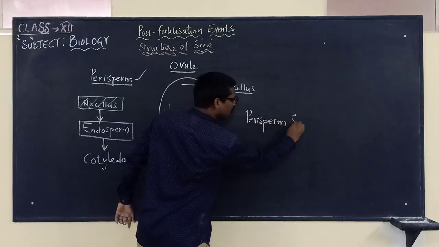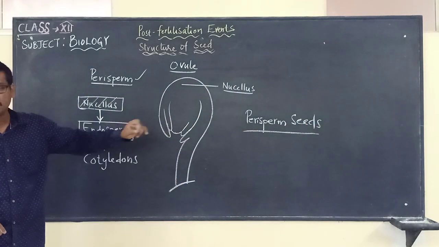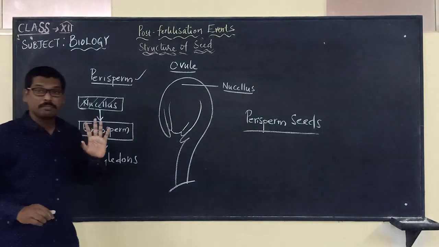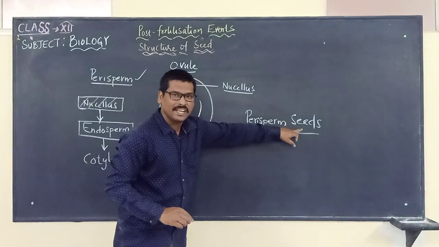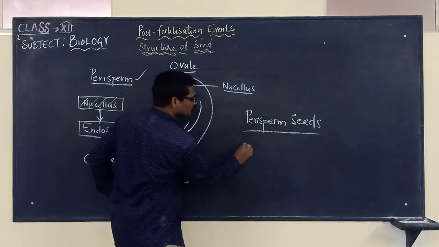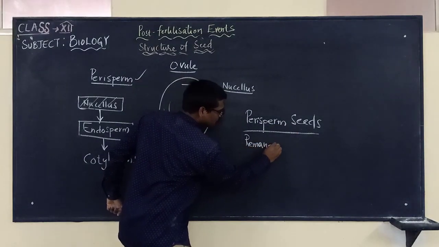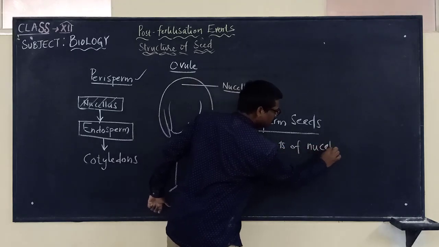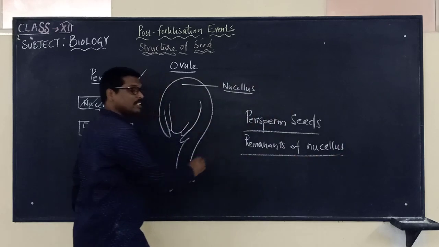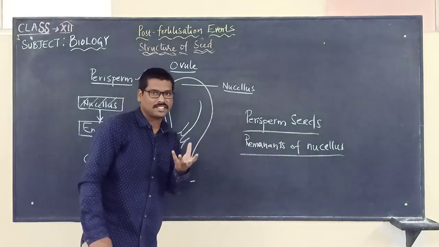So what do you mean by perisperm seeds or the perispermic condition? It means that in these seeds there will be remnants of nucellus. Here and there the nucellus will be present in these seeds.